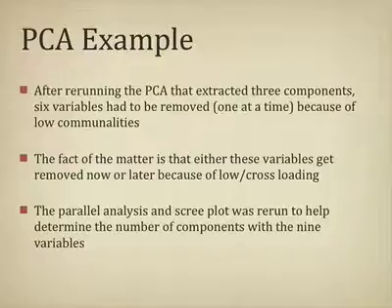I could have kept 6, and I could have had 6 components that I looked at, but they wouldn't have made any sense, and there would have been a whole bunch of cross-loaders. So I would get rid of them at this stage, and that's why it changes, because I had to tell it 3 components, not 6 as it was doing. All right.